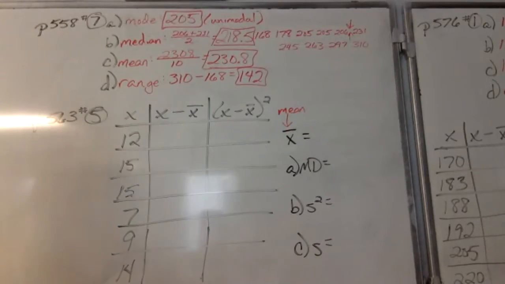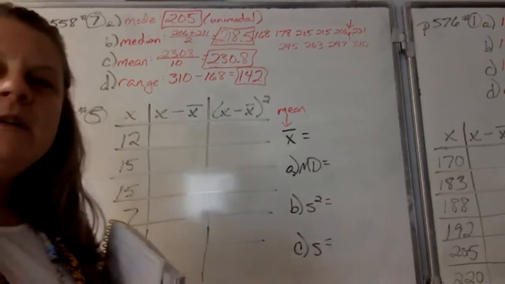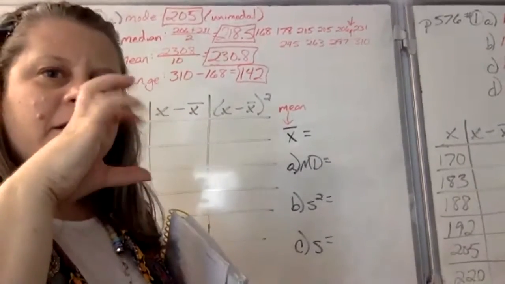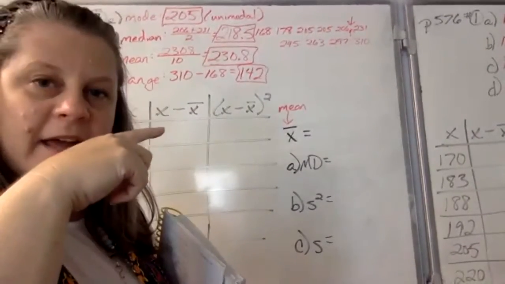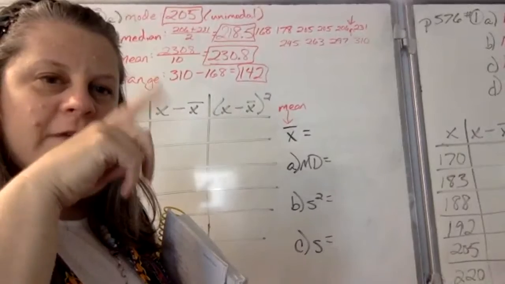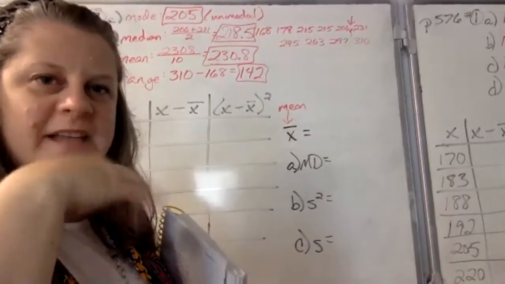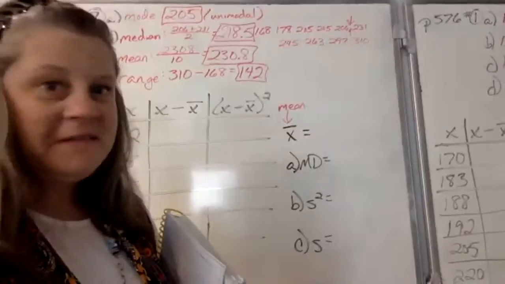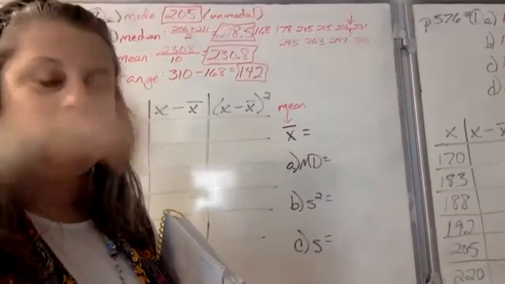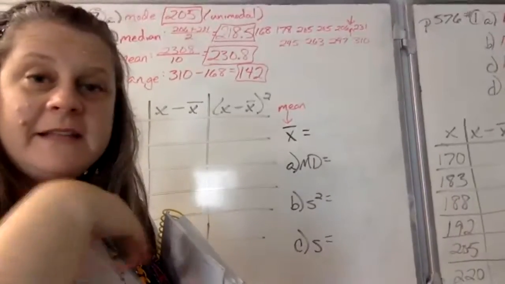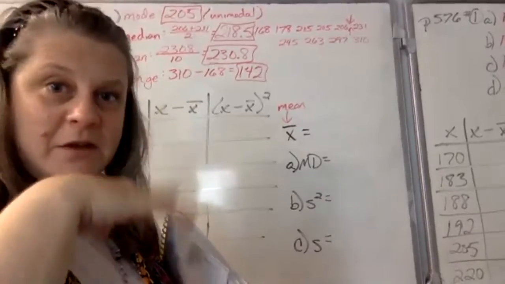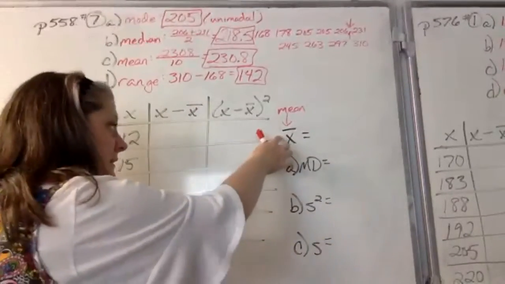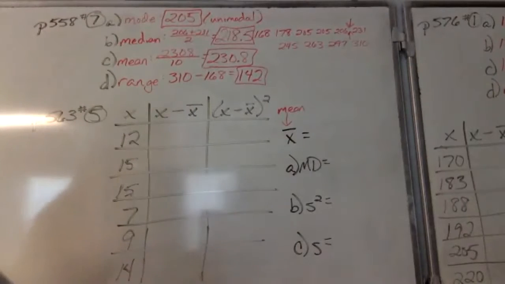Now, I will warn you, on the quiz, I never could find the little thing that would let me type it in like that. So I just have X with the little line on top. That's how I wrote it out. I have X with the line on top because I couldn't figure out the little symbol, and it was 9 o'clock last night, and I said, that's good. So when it says X with the line on top, that's the symbol it's talking about for your mean, okay?